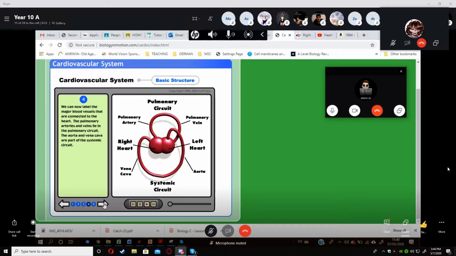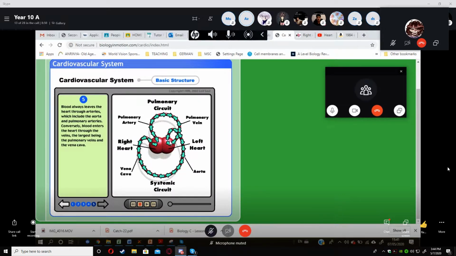We will go through the different parts of the heart in a minute. But before that, look, the double circulatory system looks like this. Can you all see this? I feel like I'm talking to myself, but do you understand what I'm trying to show you here?